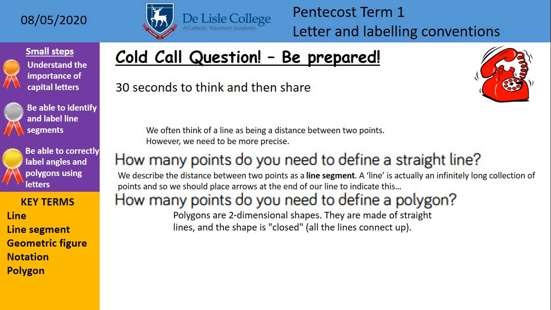They can't be open, so the lines must all meet up somewhere. Okay, polygon, if you separate that, 2 separate words, poly meaning many, and gon meaning angle. It's got many angles within it as a shape. Obviously on a circle with the curves, that's just one big 360 degrees. There's no angles you can measure on that.